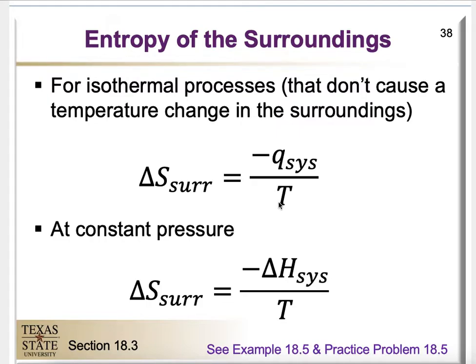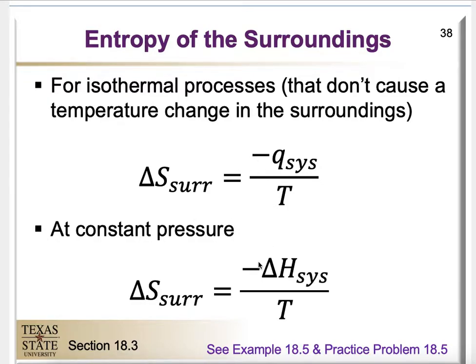That's divided by the temperature in degrees Kelvin, the temperature at which that change or chemical reaction happened. Notice that we're using the value of the heat associated with the system, but we're multiplying it by a negative sign to indicate that the system is losing energy to the surroundings or gaining energy from the surroundings. So the opposite of what happens to the system happens to the surroundings. That's why that negative sign is there.